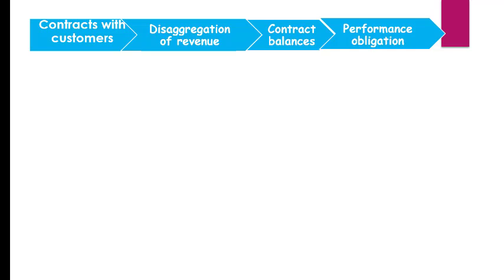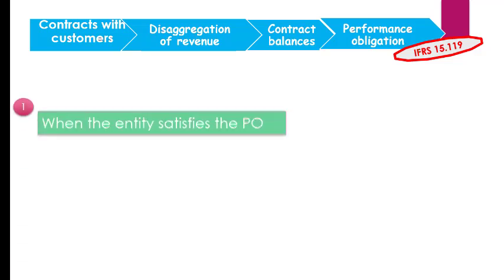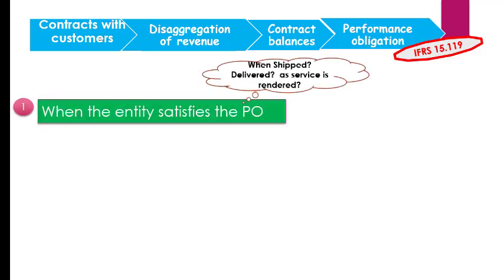What disclosure is then required specific for performance obligations is discussed in paragraph 119. So this paragraph is most important because it brings together the different aspects that need to be disclosed as they all arise from a performance obligation. An entity shall disclose information about its performance obligations in the contracts with customers, including a description of all of the following.